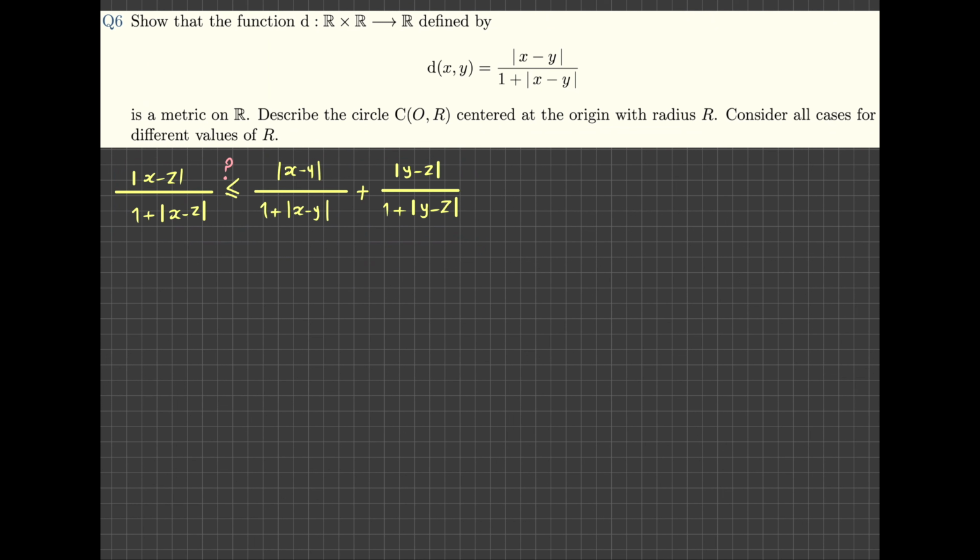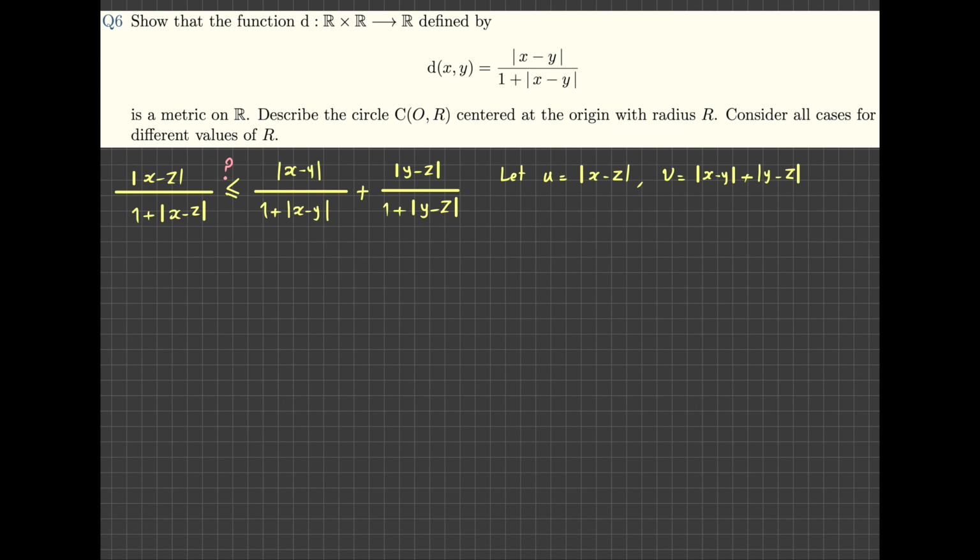Okay, first I introduce two new variables. Let u be equal to the absolute value of x minus z, and v be equal to the absolute value of x minus y plus the absolute value of y minus z.